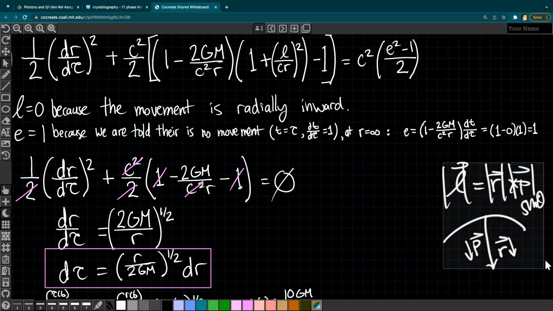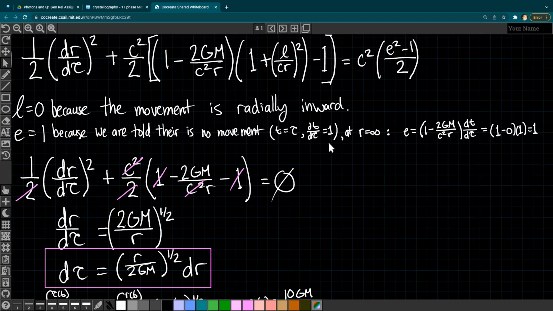The reason for that is because we are told that there is no movement at r equals infinity. That means that the proper time tau equals t at r equals infinity. So if we substitute r equals infinity into here, we also have to substitute dt by d tau equals 1. And so if we substitute r equals infinity here, we get 1 minus 0.